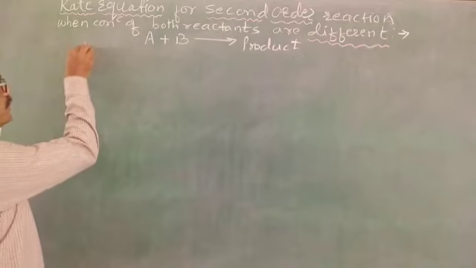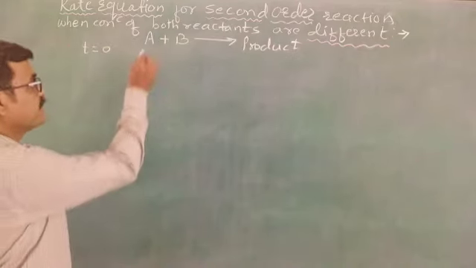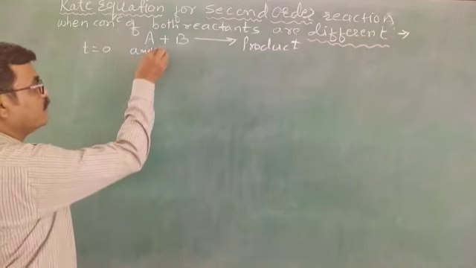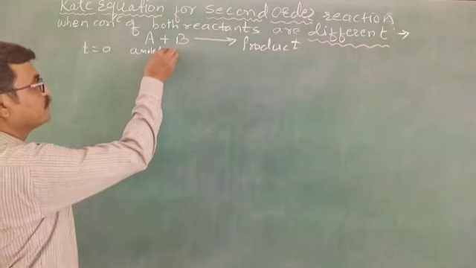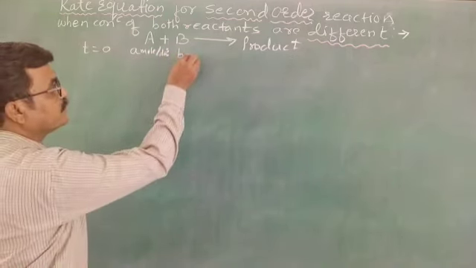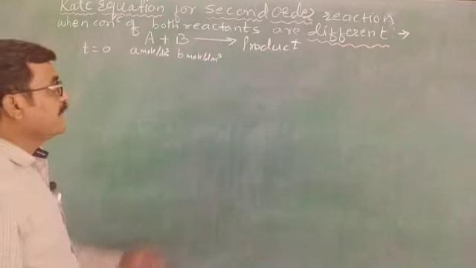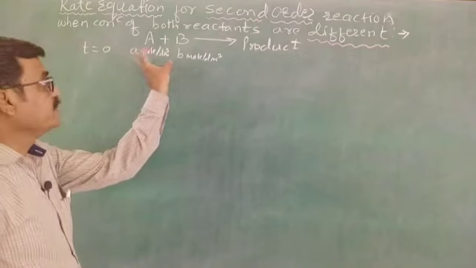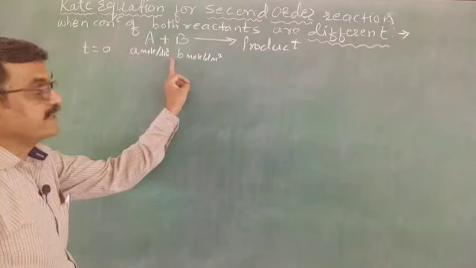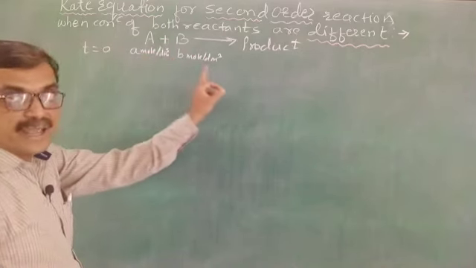Initially, when time is 0, let me consider the concentration of A is a moles per dm cube, while that of B is b moles per dm cube. Here the initial concentrations of both the reactants at time t equal to 0 are different, and no doubt this is a second order reaction.